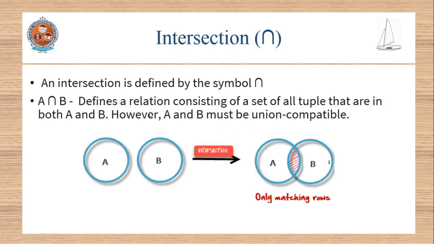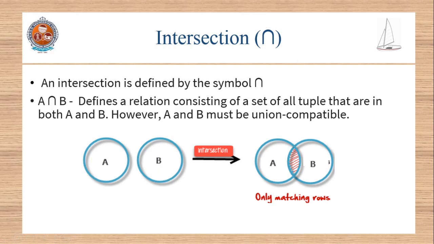See here, the other thing is they must be union compatible. So for performing this operation, the two relations must be union compatible. Only then we can perform this operation like union. Union compatible means three conditions must be satisfied. The first one being the same number of attributes must be present in relation A and relation B, same number.